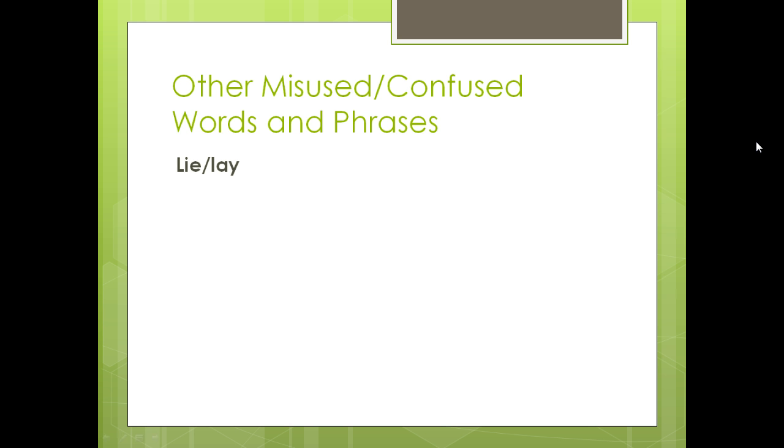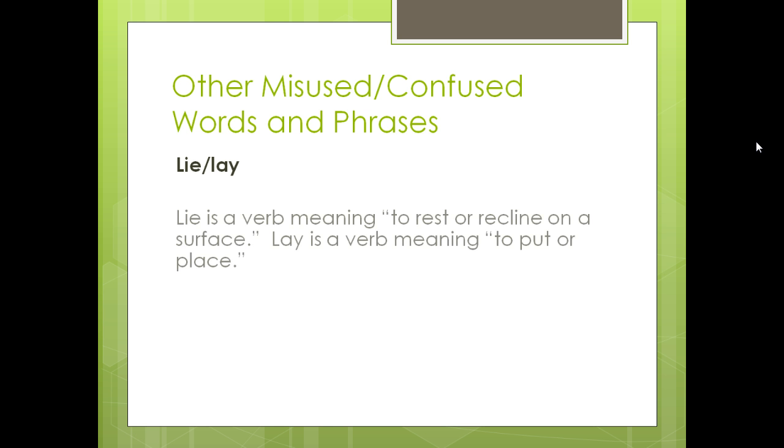Other words that can be easily confused are lie and lay. Lie is a verb that means to rest or recline on a surface. Lay is a verb meaning to put or place.